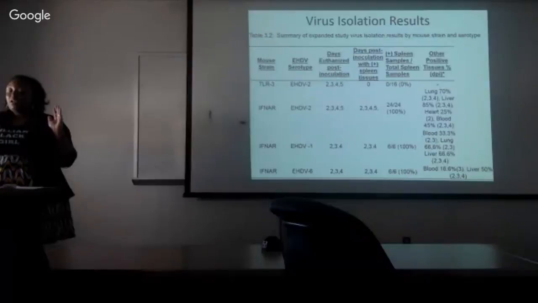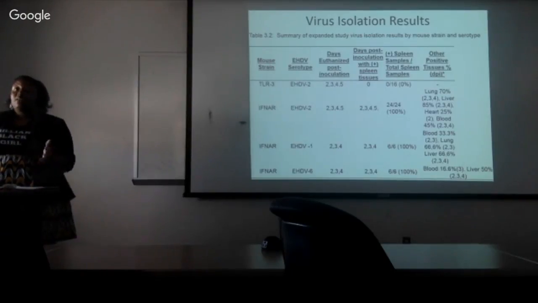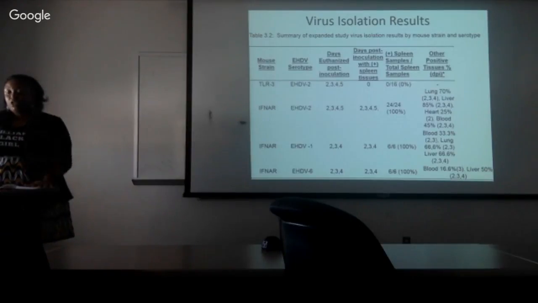However, when we progressed to the next step, we inoculated an additional 16 TLR3 mice with EHDV2 and did not get any virus isolation from any of the tissues. And so the evidence showed that TLR3 was not going to be a great model for EHDV infection. So we moved forward with the IFNAR infections.